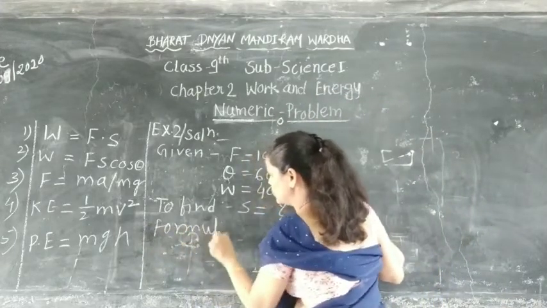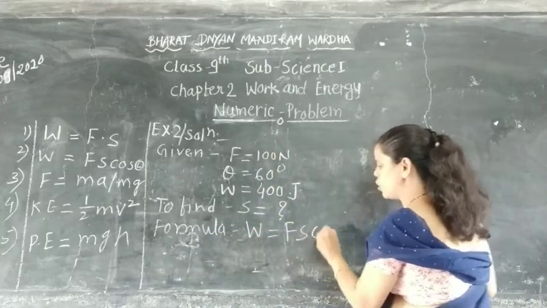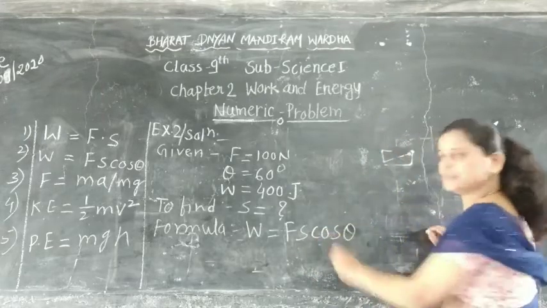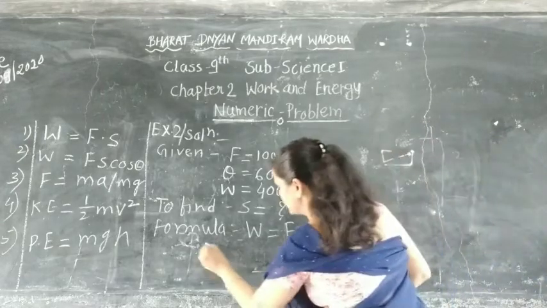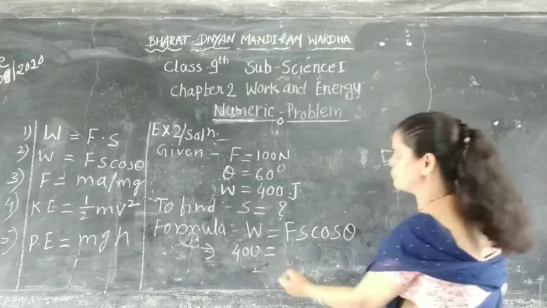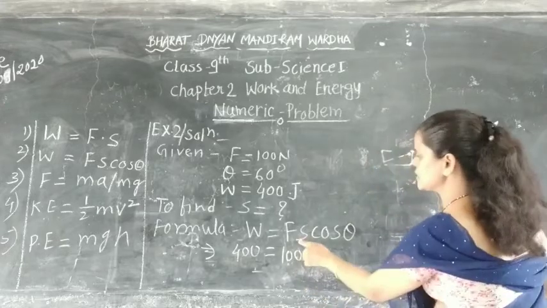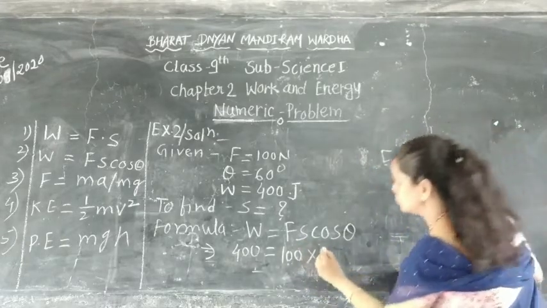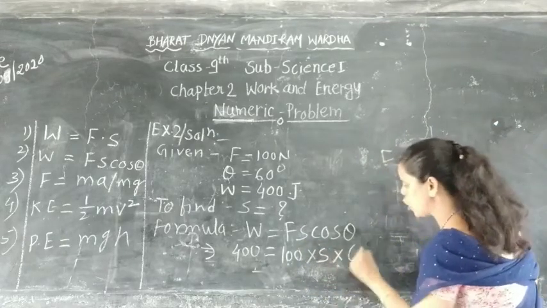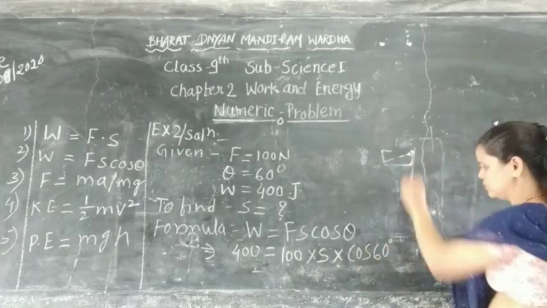Write down the formula which you use. Formula: work done equals F S cos theta. Put all the values here. W means 400, equals F means 100, multiplied by S, which we have to find out, then cos theta, where the value of theta is 60 degree.